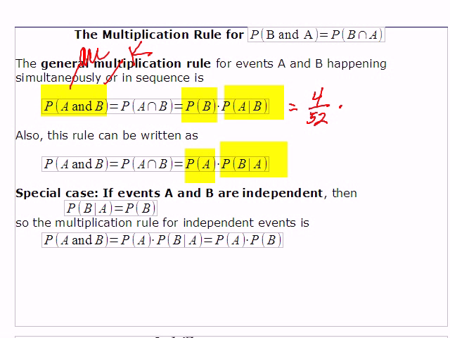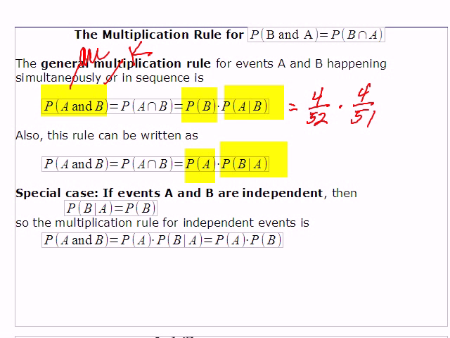Then I multiply that by the probability of A occurring, drawing the ace, given that the king was drawn. There are still 4 aces, but now there are only 51 cards. In this case, these are going to be the same, but it's not necessarily true in general. The result will be the same.